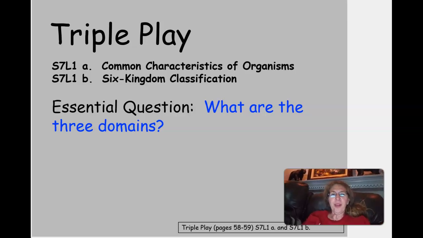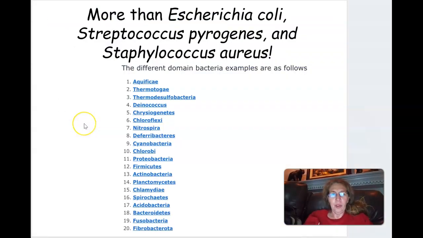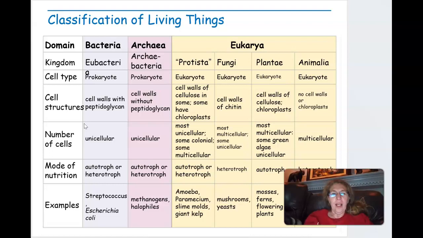Here we go with triple play, pages 58 and 59 in your textbook. We are going to look at what are the 3 domains that organisms can be classified into. So we have 3 domains: bacteria, archaea, and eukarya.